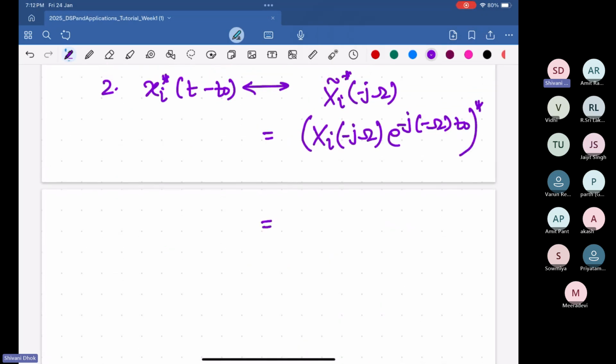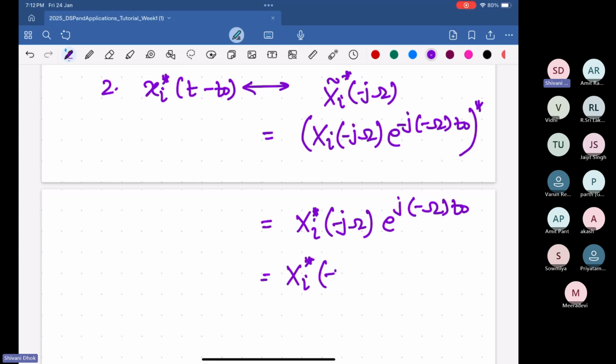So this comes out to be equal to x1 conjugate of minus j omega into e power minus j omega t naught.